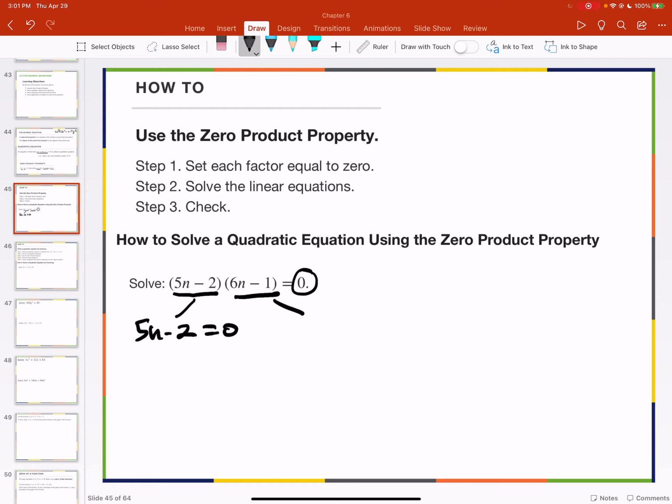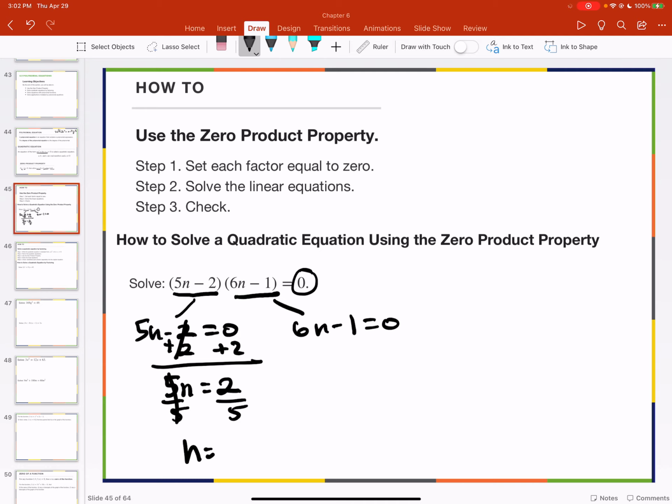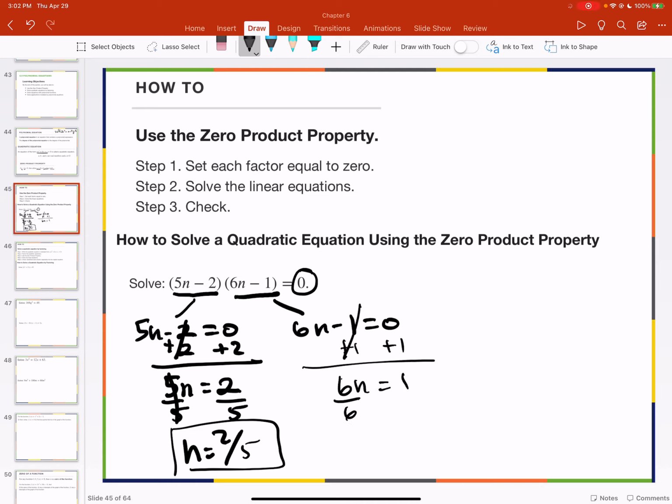So 5n minus 2 equals 0, and 6n minus 1 also equals 0. Then to solve for n, we solve like we normally would. We get 5n is equal to 2, divide by 5, and n is equal to 2/5, okay? Next one, we add 1 to both sides, and then we get 6n is equal to 1, divide both sides by 6, we get n is equal to 1/6. And those are your two solutions for this equation.